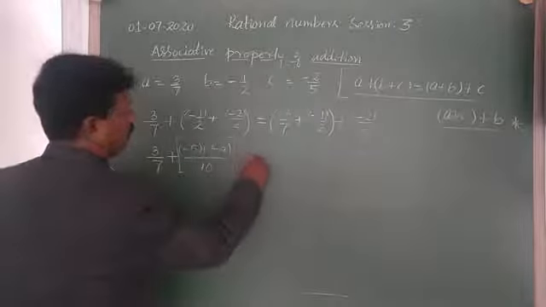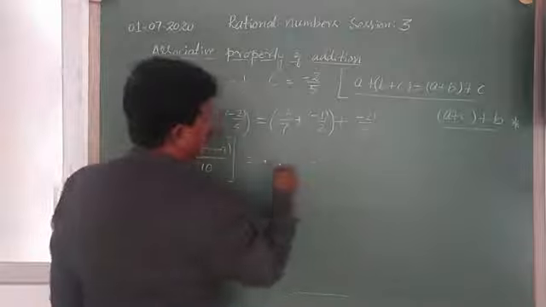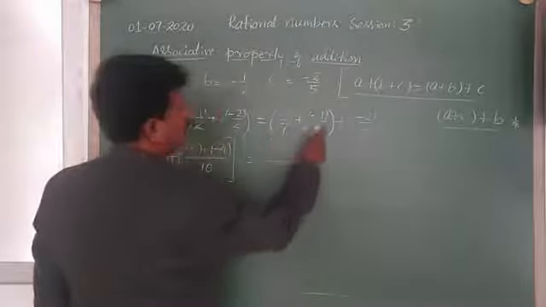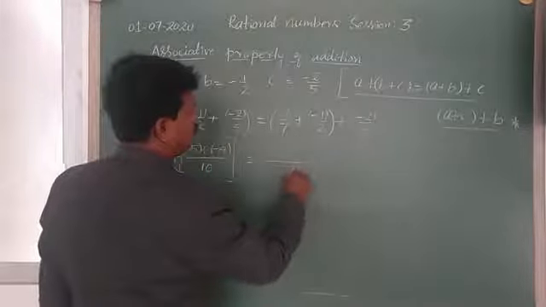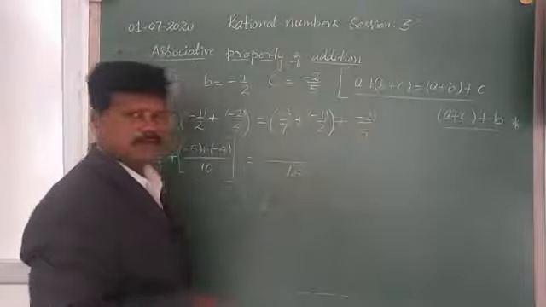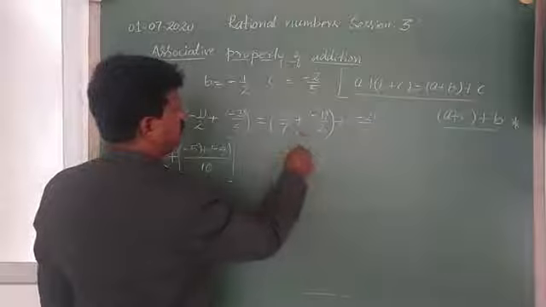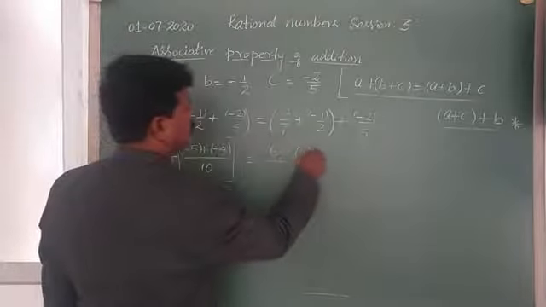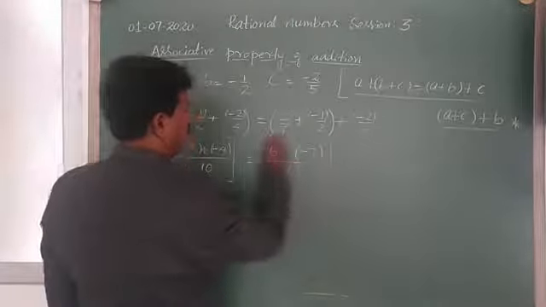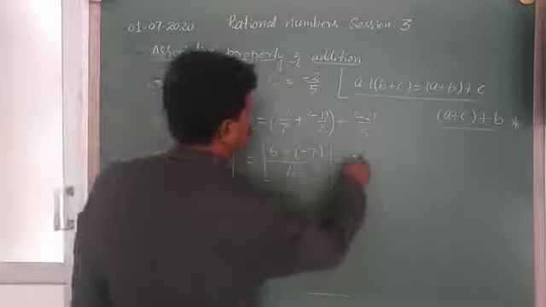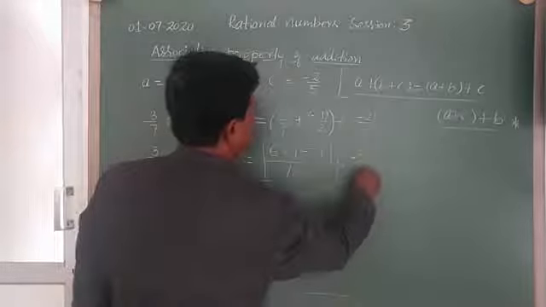Left hand side. Now the right hand side again. Look at this, 7 and 2 are prime, so their LCM is 14. Now cross multiply: 6 plus of minus 7, plus of minus 2 by 5.